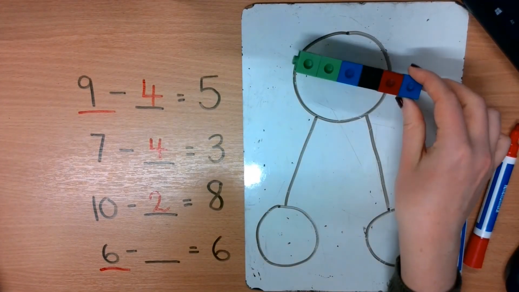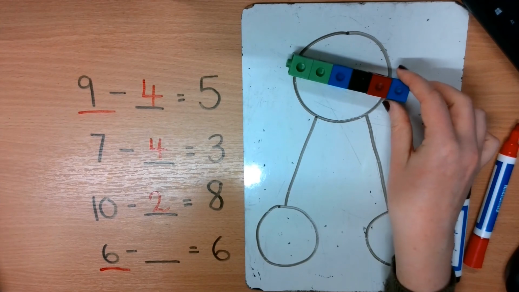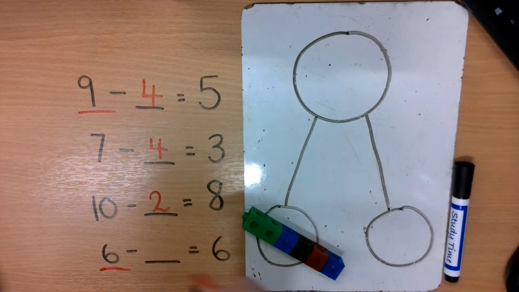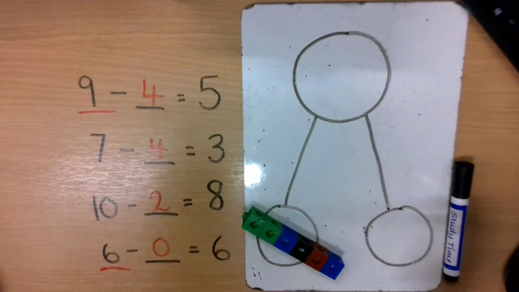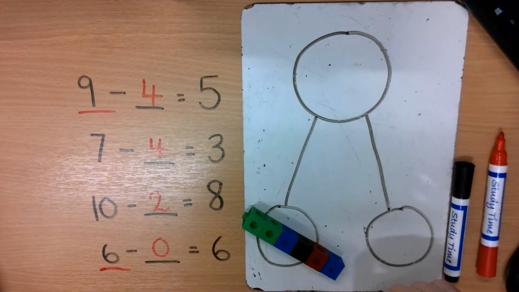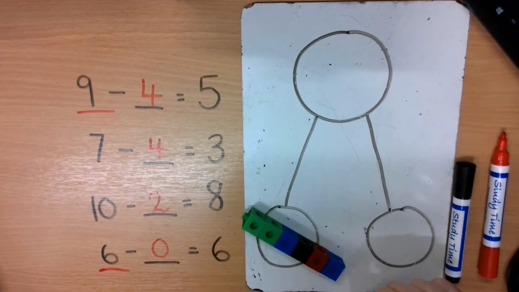What's the missing number, everybody? You're right, it's 0. 6 subtract 0 equals 6. We know that when we take away 0, nothing happens to our number. Well done for spotting that.